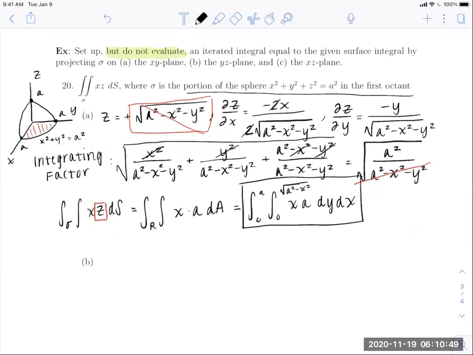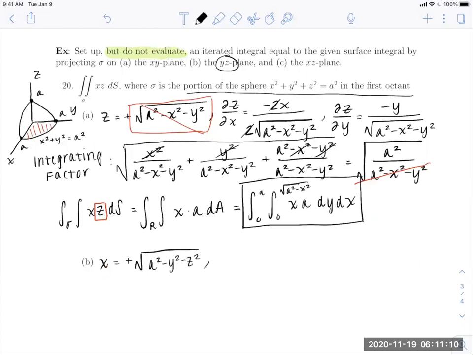We want to instead project onto the YZ plane, which means I want to solve for x. Here again, I'm going to take the positive square root of x since I'm looking at the first octant. And my partials are going to be very similar.